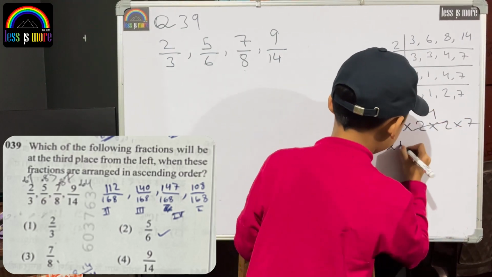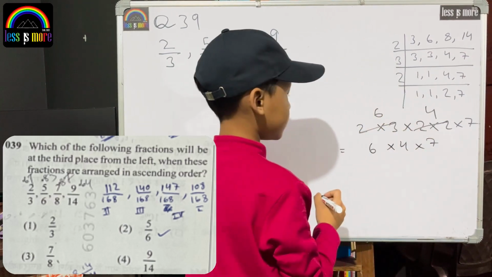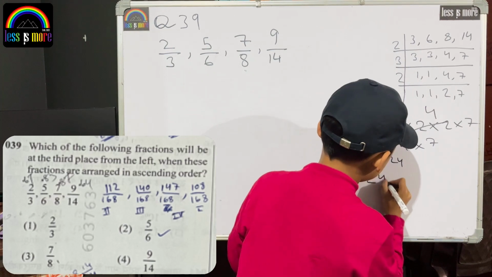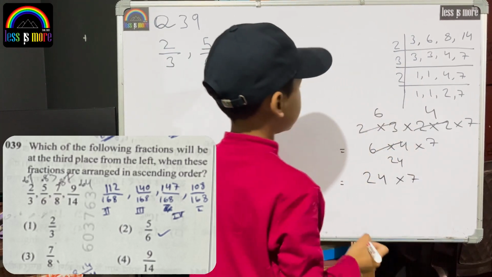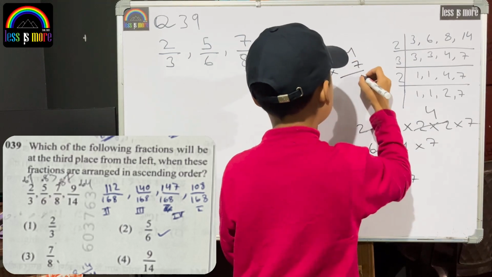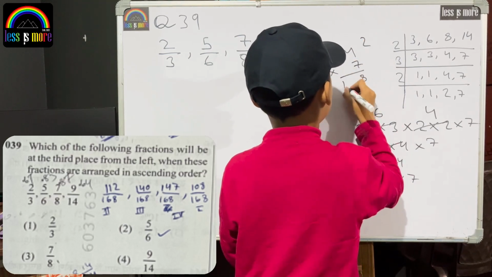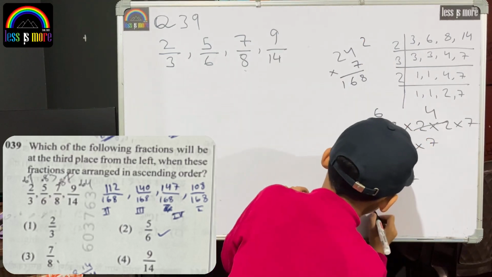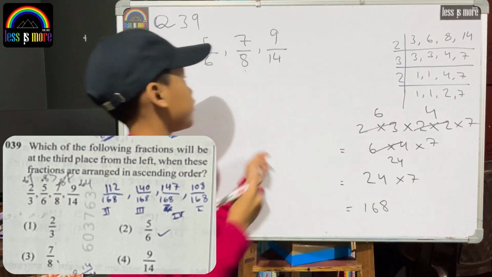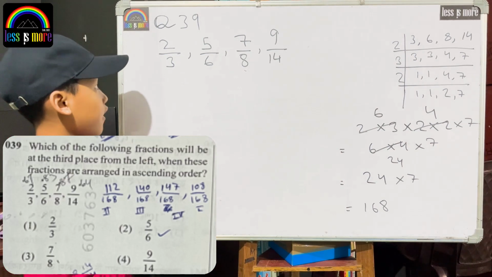Now 6 times 4 times 7 is still left. 6 times 4 is 24, and 24 times 7 is 168. So the LCM of these 4 denominators is 168.